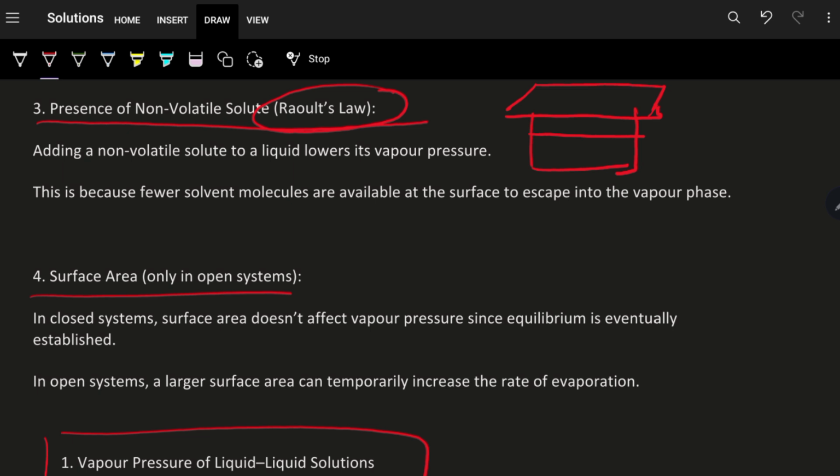Now, when I add a non-volatile solute to the liquid, the solute particles that occupy the surface of the liquid will cause fewer liquid particles to escape into the vapor phase, and hence the vapor pressure is lowered. And it depends on how much of the solute is added.